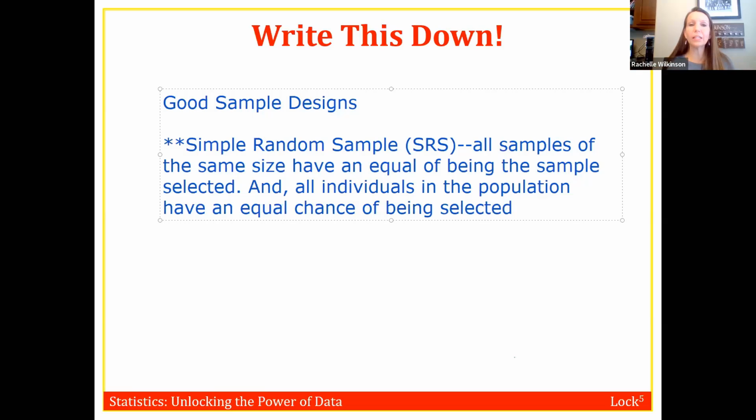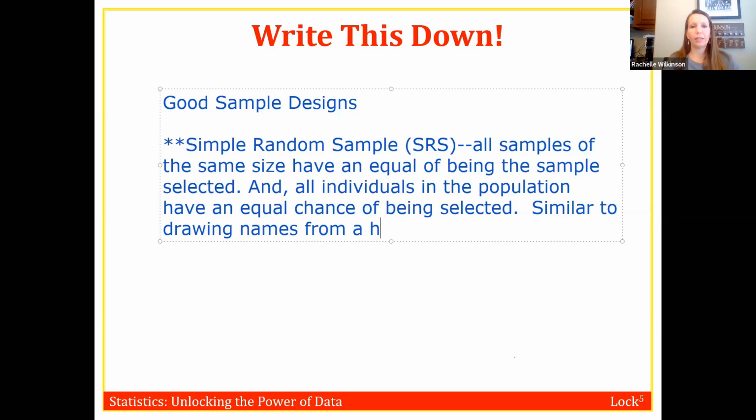Basically, a simple random sample is just like drawing names from a hat. If I could somehow write down everybody's name on a piece of paper, throw them in a big giant hat, mix them up really good, and draw names from that hat, that's essentially a simple random sample. So, similar to drawing names from a hat.